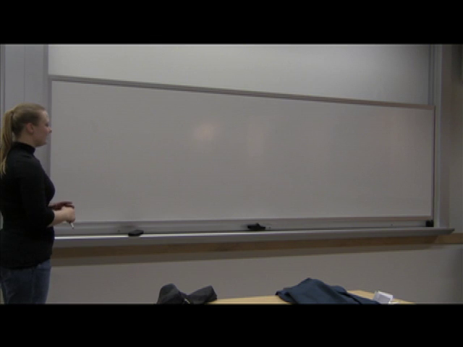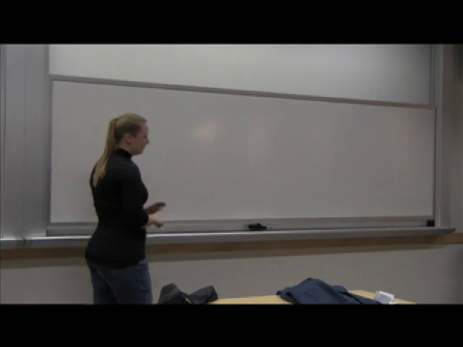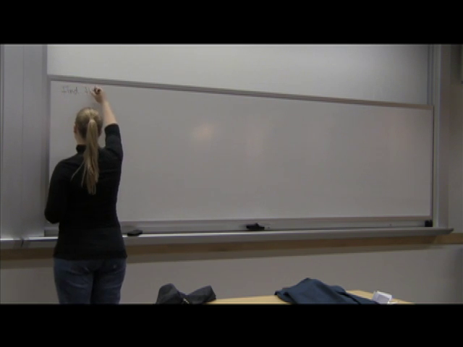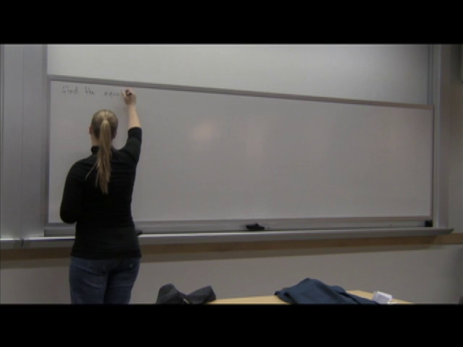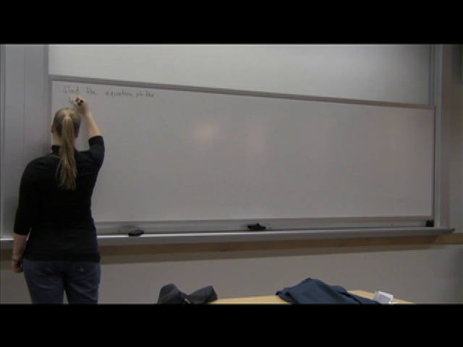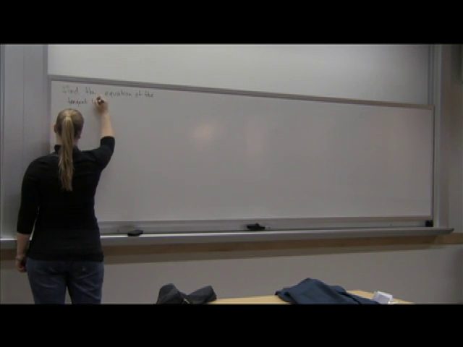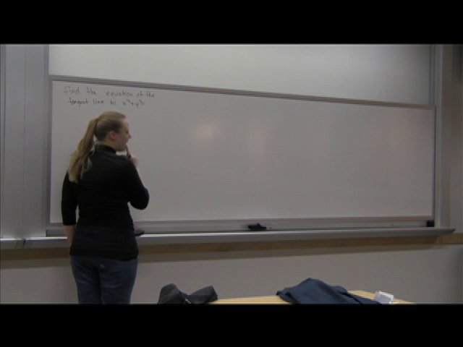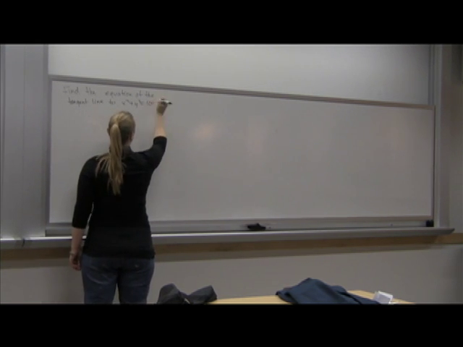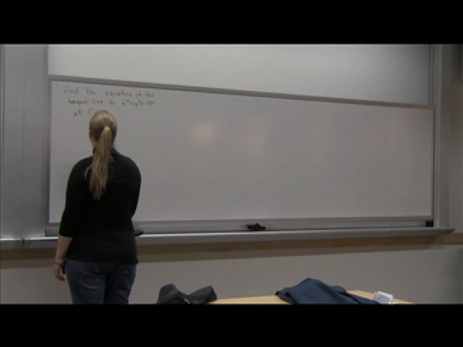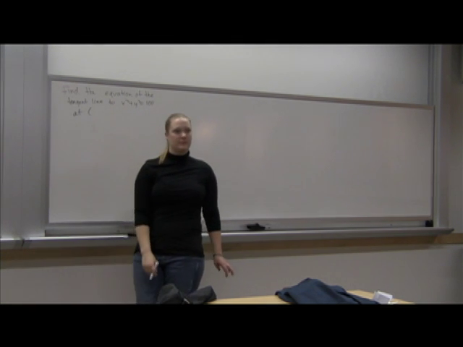Okay, ready? We need to do an implicit differentiation problem. Oh, this is one of their favorites. Find the equation of the tangent line to x squared plus y squared equals 100 at... do you want x or y to be negative?